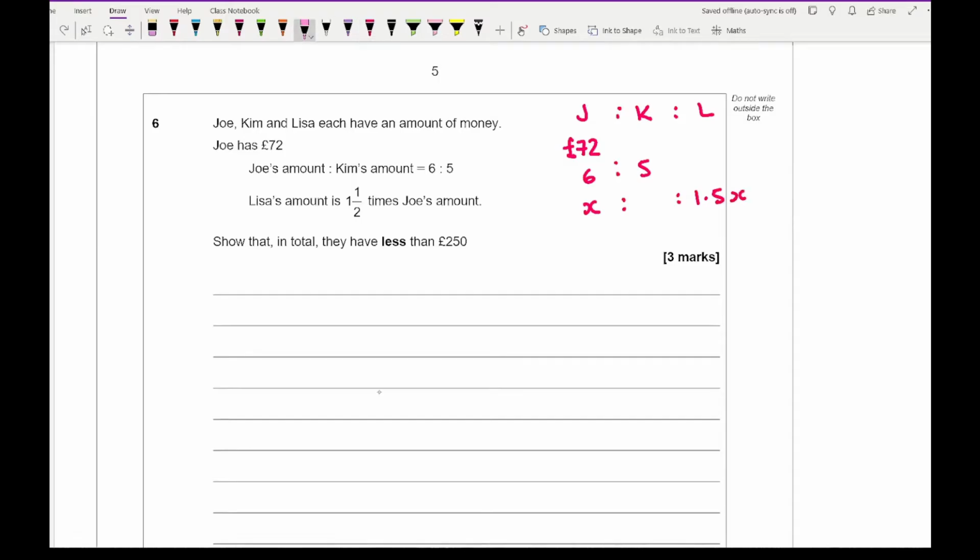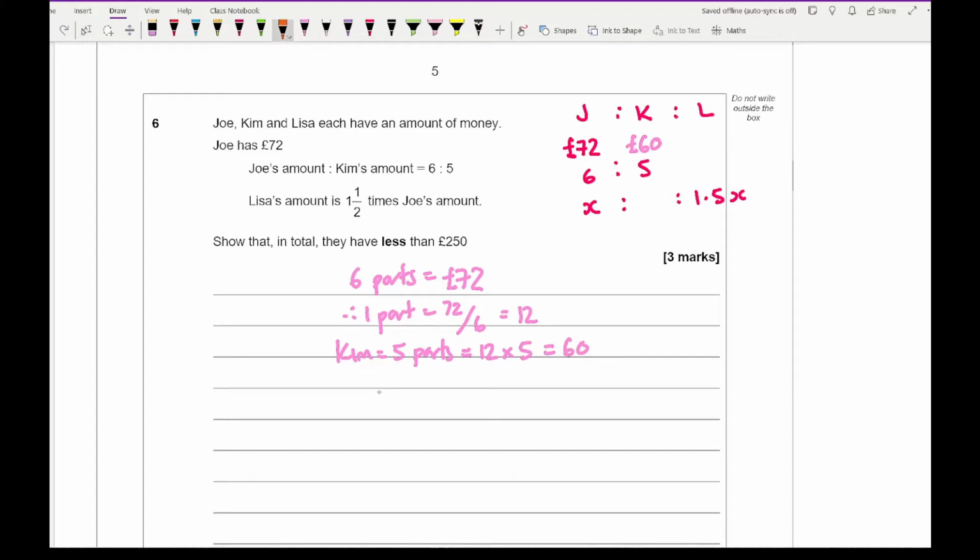So looking at this, if I take that 6 parts equals £72, then 1 part is going to be 72 divided by 6, which on my calculator gives me 12. And so Kim's amount equals 5 parts, so that's going to be 12 times 5, which is 60. So Kim's going to have £60.